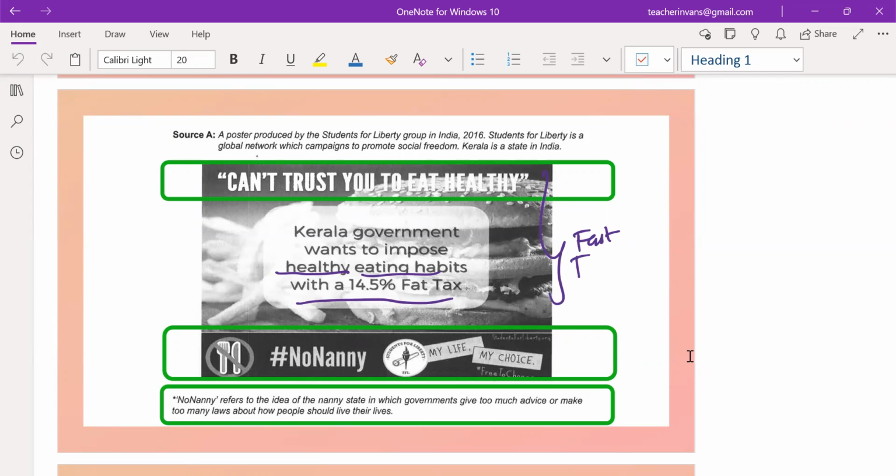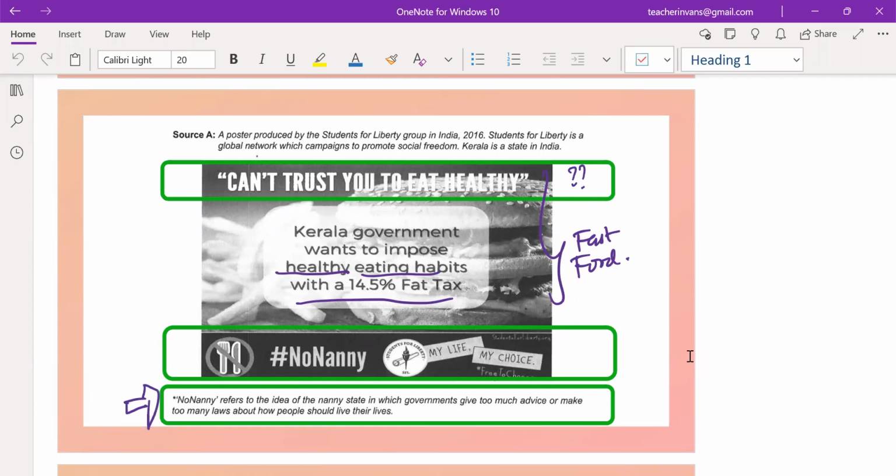So here in the background, you can see fast food. Can't it trust you to eat healthily? So this is the question mark. Is it because as a government, they don't trust people to make the necessary decision? And I like at the bottom here, no nanny.